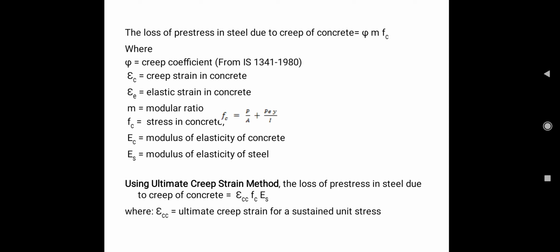When the ultimate creep strain method is followed, the loss of pre-stress in steel due to creep of concrete is equal to epsilon C Fc into Es, where epsilon C is ultimate creep strain for sustained unit stresses, Fc is again stress in concrete, and Es is modulus of elasticity of steel. So using this formula, we can calculate the loss in the pre-stress of steel due to creep of concrete.